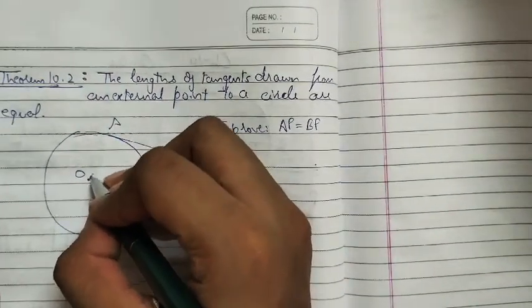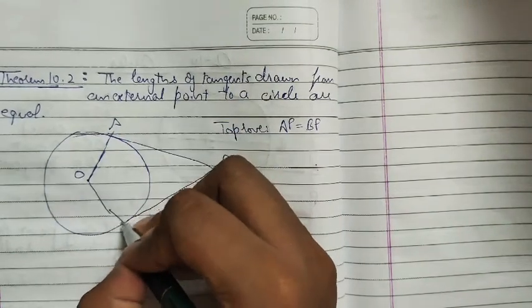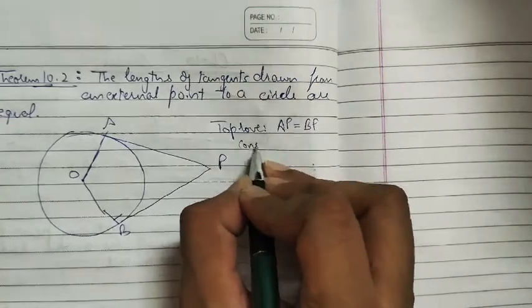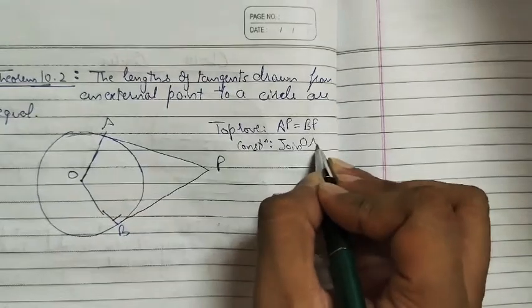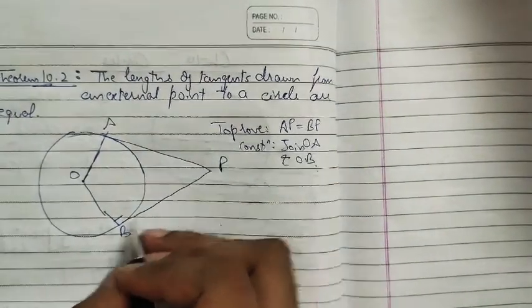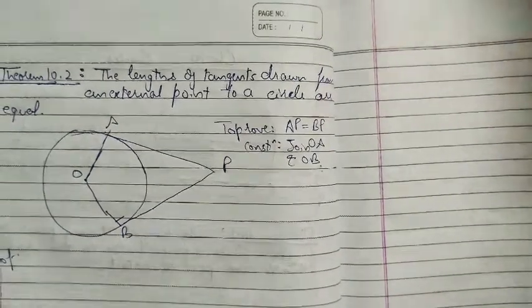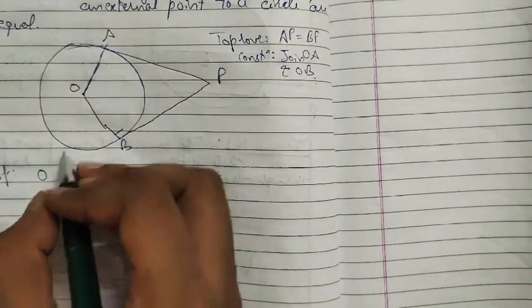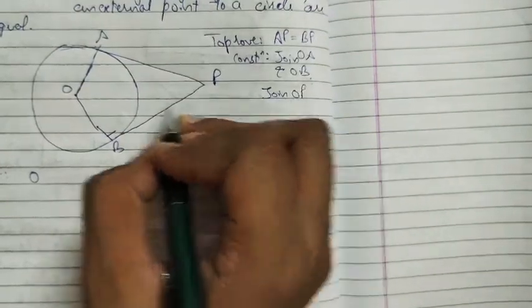So let's join it with the center. Construction: join OA and OB. Proof: join OP also.